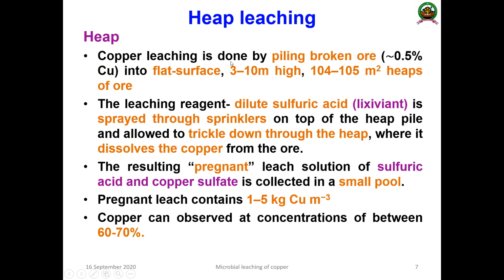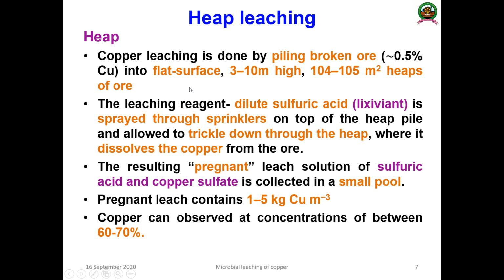That crushed ore will be piled, consisting of approximately 0.5% copper, onto a flat surface, approximately 3 to 10 meters in height, with a 10^4 to 10^5 square meter heap of ore. That is known as a heap. I hope you understood what a heap is.